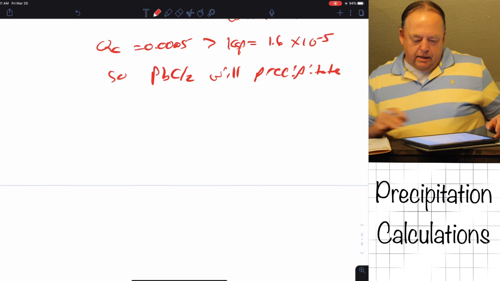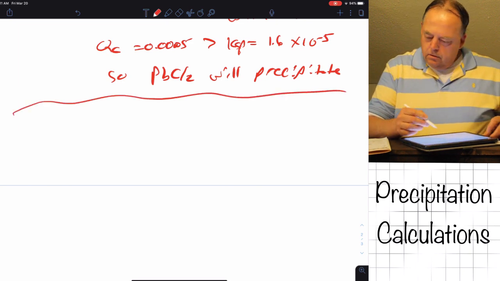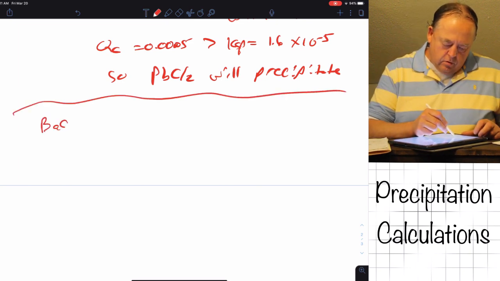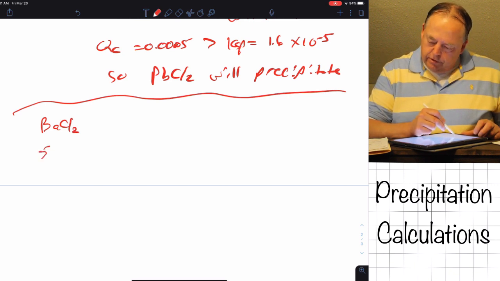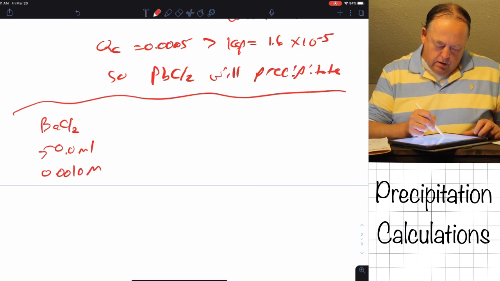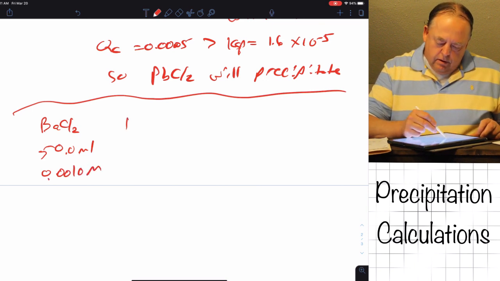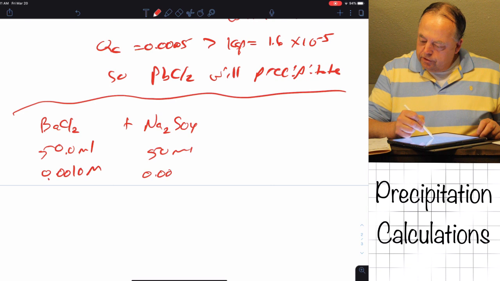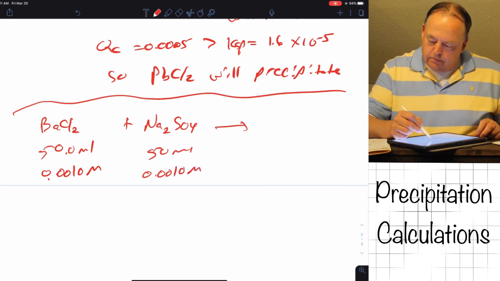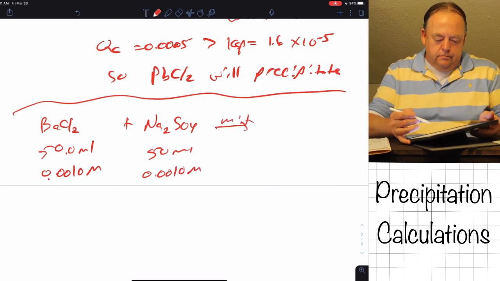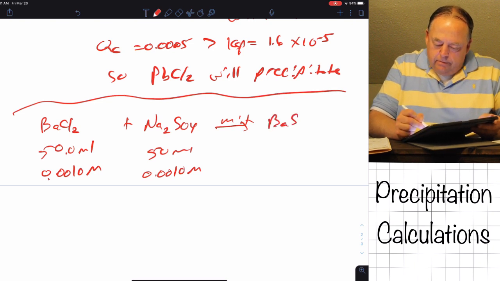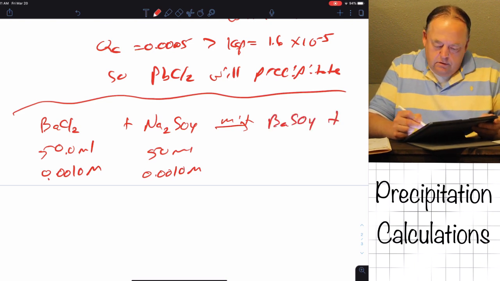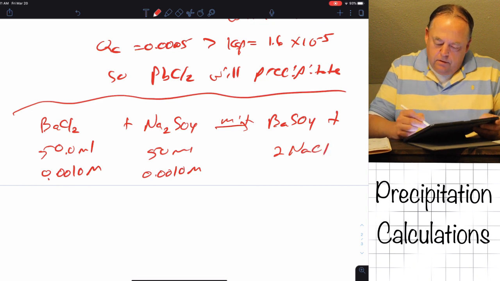Okay, so let's take one more example. If we had barium chloride, so let's say we took 50 mils of 0.0010 molar barium chloride plus 50 mils of 0.0010 molar sodium sulfate, and mix them together, then that's going to form barium sulfate plus 2 sodium chloride.